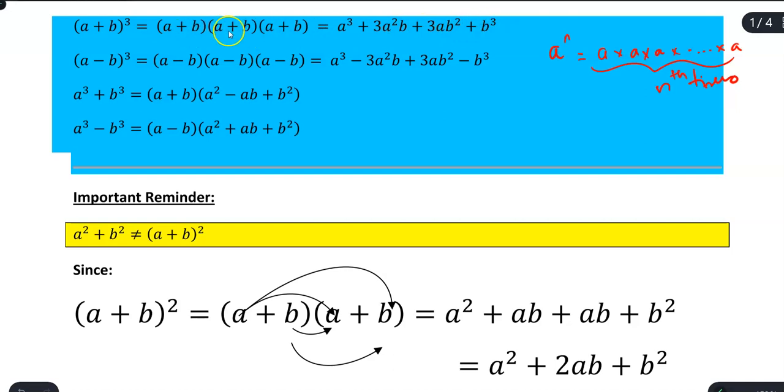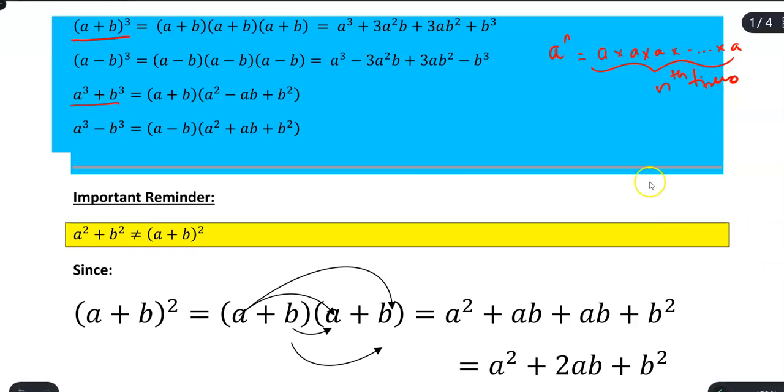This expression is a cubed plus 3a squared b plus 3ab squared plus b cubed. I'm not going to go over the tedious step of distributing all these terms. The reason I'm showing everyone this formula, or what we call the special product, is that it is totally different from these formulas here. So this one and this one are totally different.